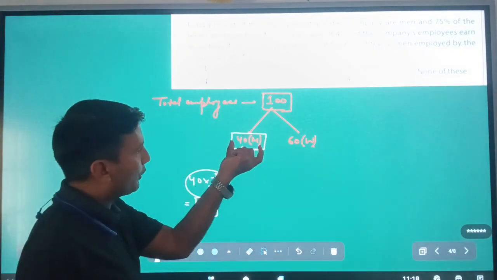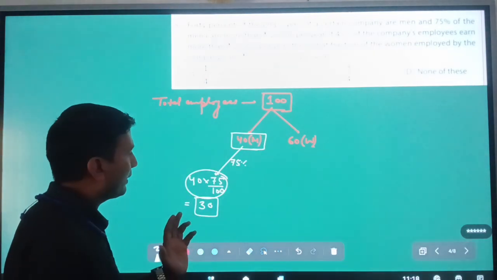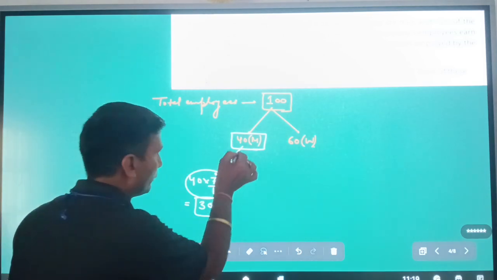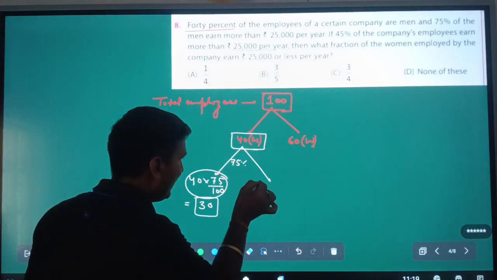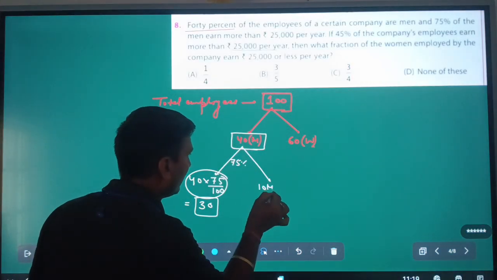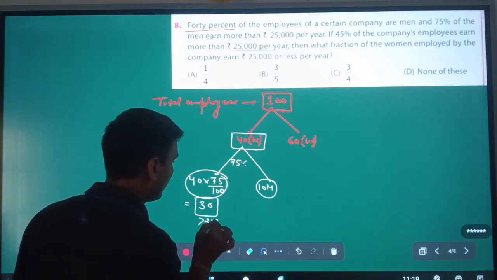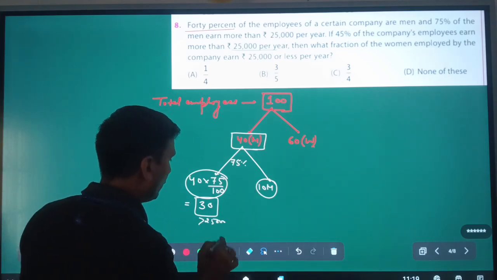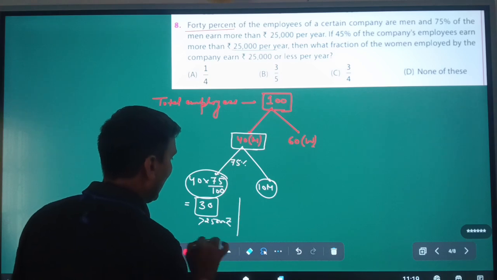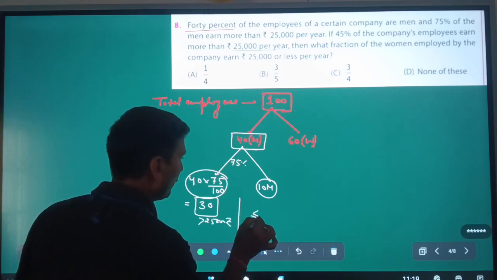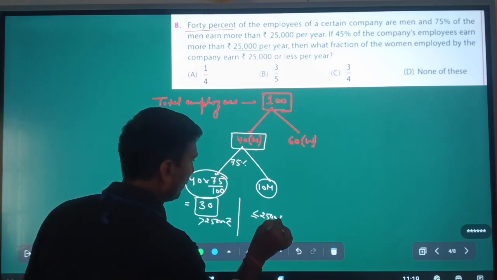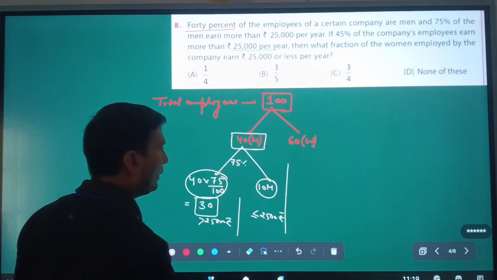Obviously, total number of men is 40, 30 are getting more than 25,000, so 10 will be getting less than or equal to 25,000 rupees. I am just writing to make it clear.